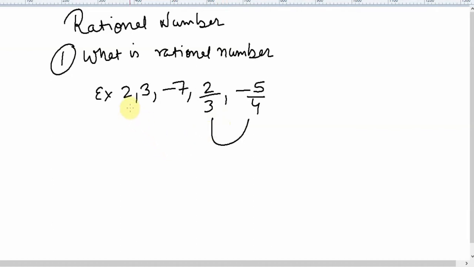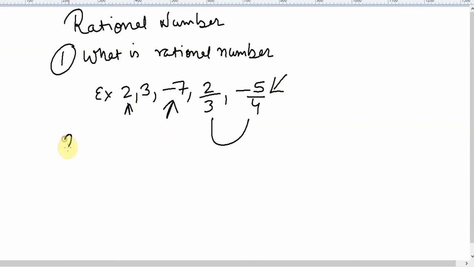Okay, here you can see 2 is a rational number, minus 7 is a rational number, and 5 upon 4 is also a rational number. So now we are dealing with fractions, where we feel difficulty in adding.